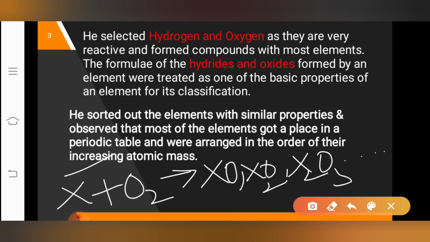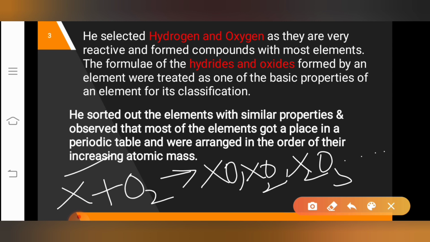Clear? So based on this property of the elements, he reacted different elements in different ways. Similarly, hydrogen can react in many ways, and oxygen also can react in many ways.